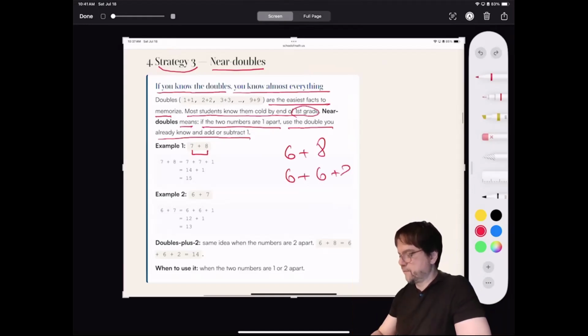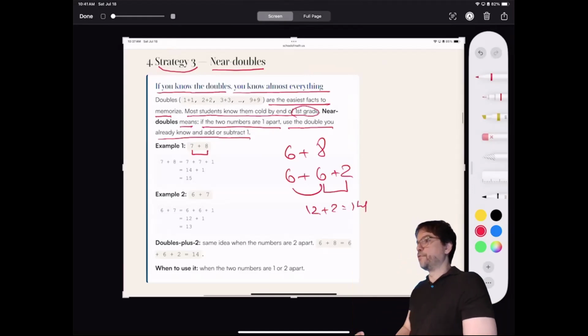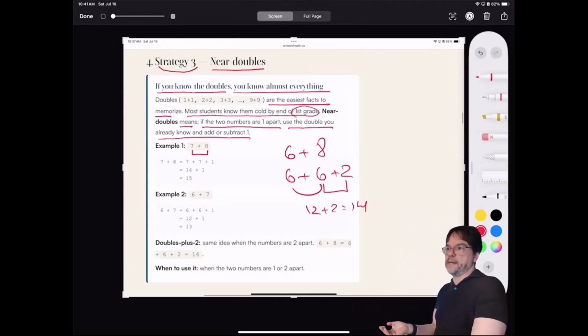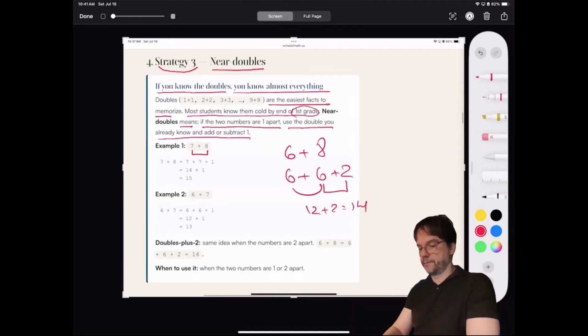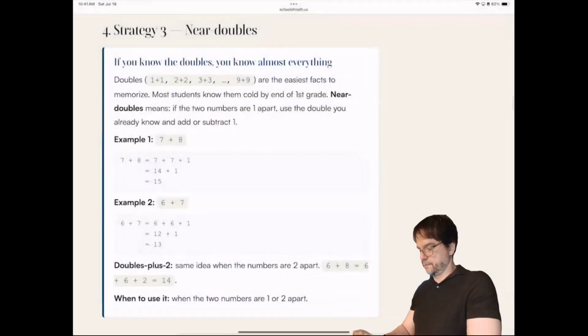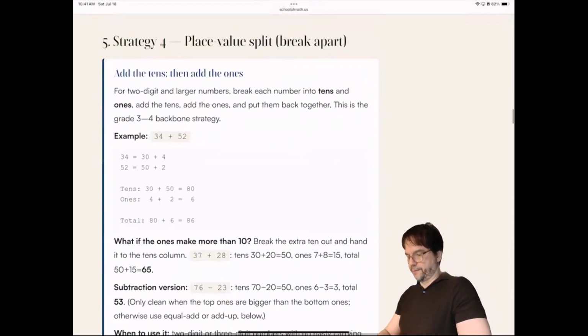Oh, plus 2. Do you agree? 6 plus 6, 12. Plus 2, 14. So if you are in trouble, you don't have a pen and paper, you can do it in your mind this way. Is that okay? Perfect.